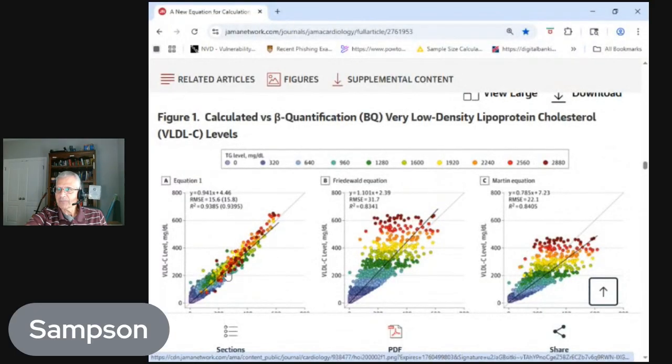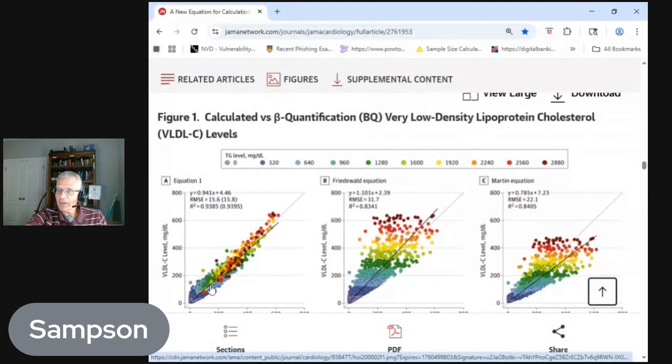It shows 0 to 320 for triglyceride levels, that's down here. See how close it is to the actual regression line? Then they're saying, oh, equation 1, look what it does. Equation 2, as people get up in triglycerides, it gets further away from that center mean area.